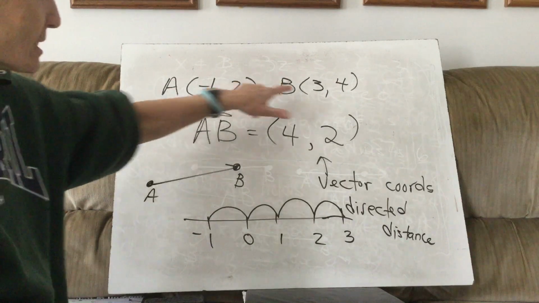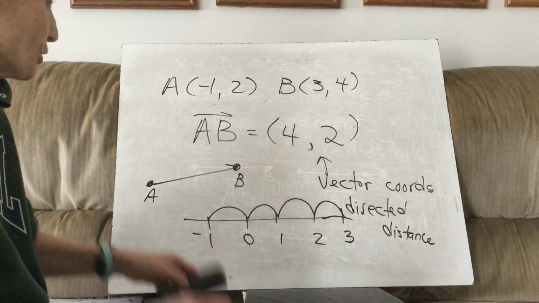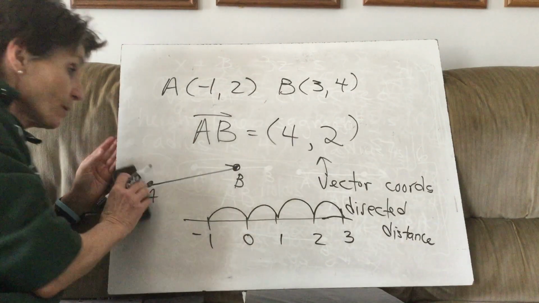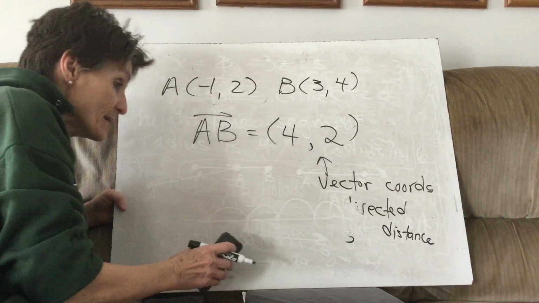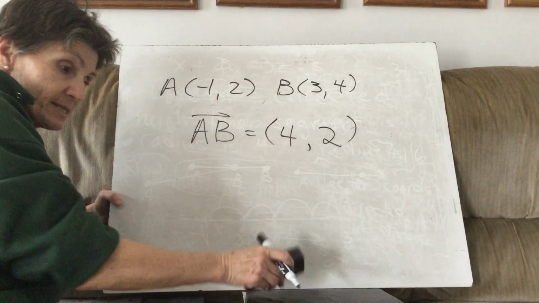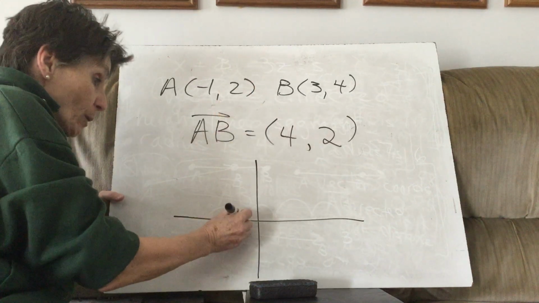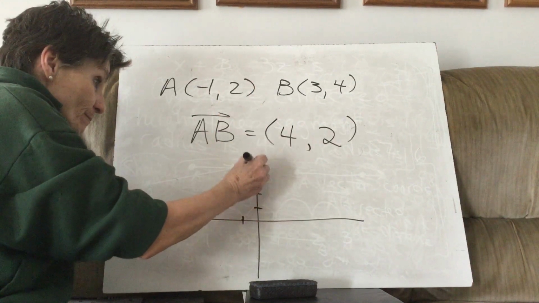In getting from here to here, this vector went right 4 and up 2. So I'm going to draw a real quick picture of that. And again, I'm not going to do this for every problem, or it will take us months to get through all this. But if we actually plotted the point -1, 2.